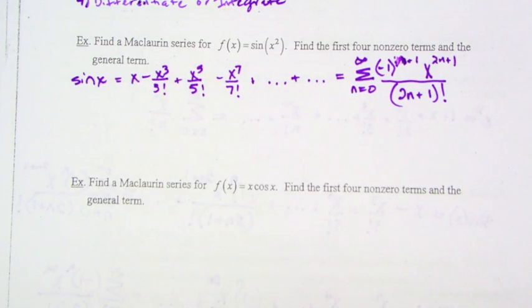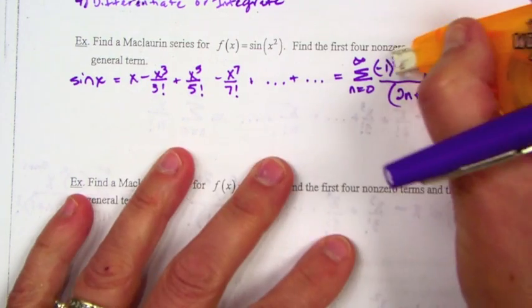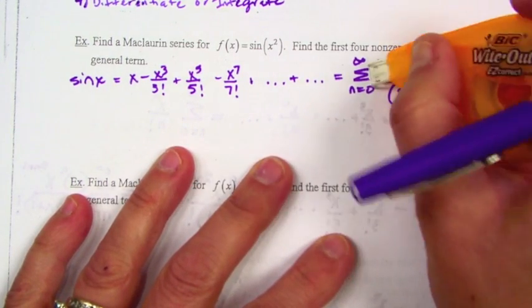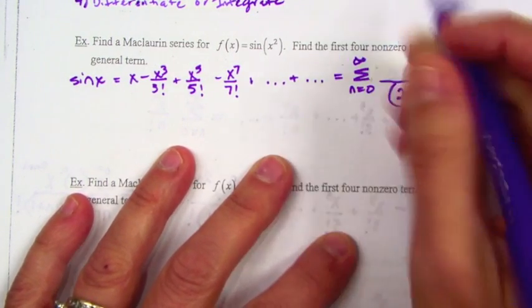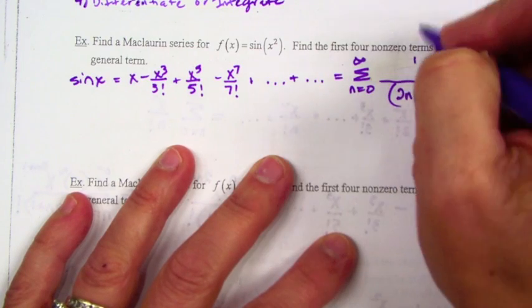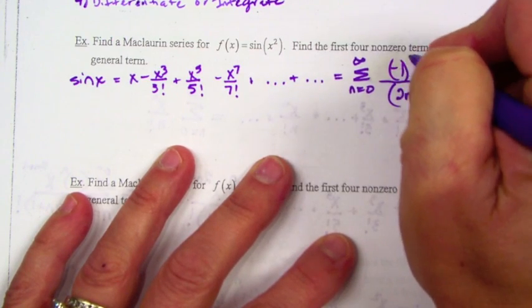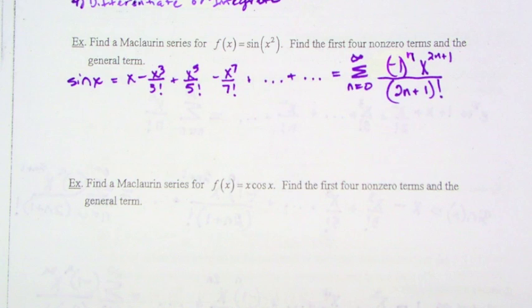I ran out of whiteout. That's never good. You're the first person I've seen use the whitener. I got another one. Negative 1 to the n. Now I'm good, right? There you go.